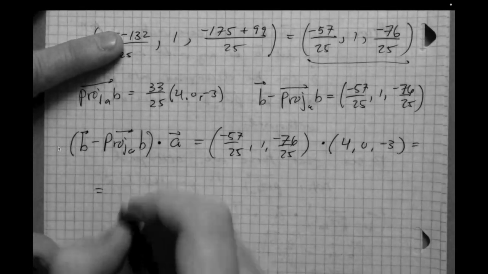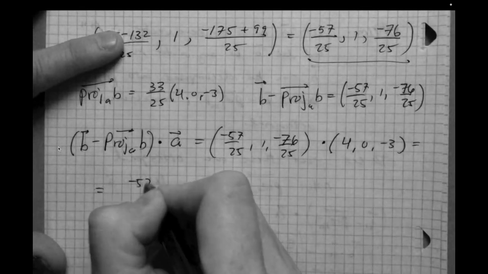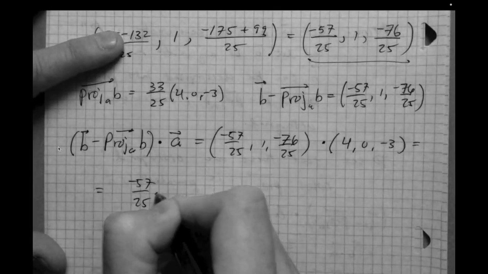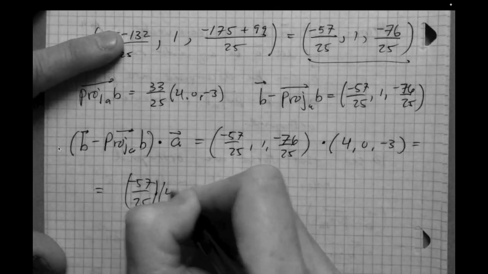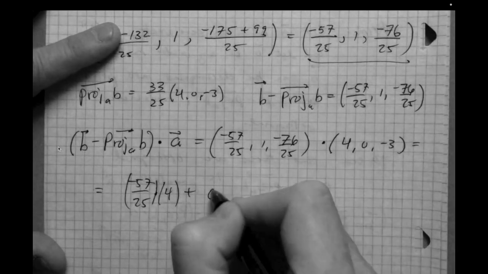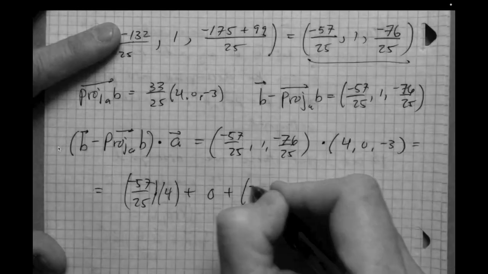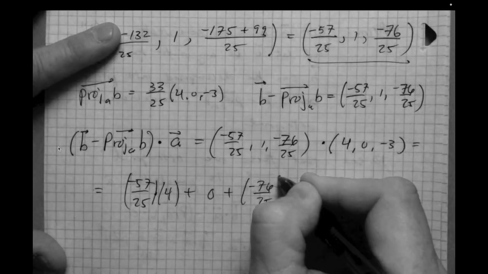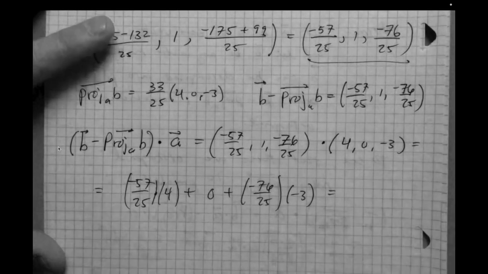And let's just run this through quick. Negative 57 over 25 times 4 plus 1 times 0, so 0, plus negative 76 over 25 times negative 3.